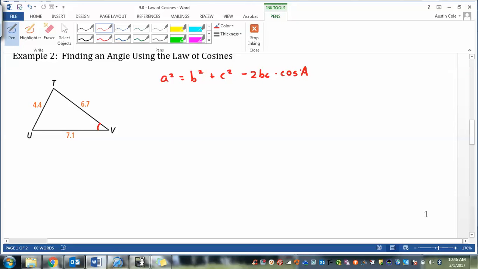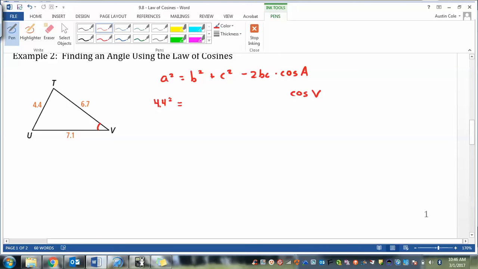So now, instead of finding a side, we're finding an angle. So I don't know what cosine I'm using. So I'm going to call this cosine V, because that's the angle we're finding. Now, if I'm using cosine V, what side should I start with? Absolutely, the one across from it. So I'm going to call this 4.4 squared.